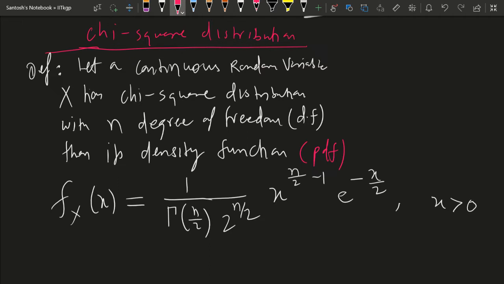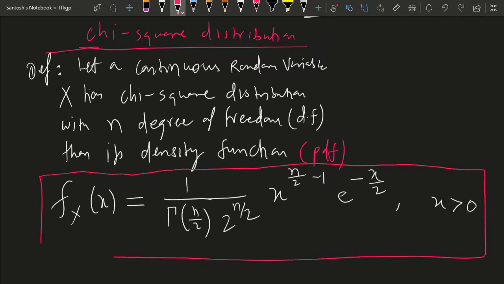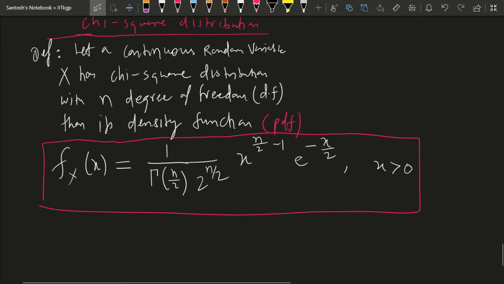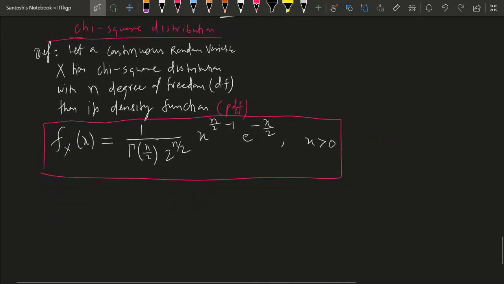You can remember this PDF because chi-square distribution is a special case of gamma distribution. So let us relate it with the gamma. First, can anyone tell me the PDF of gamma distribution, because you have already done it?